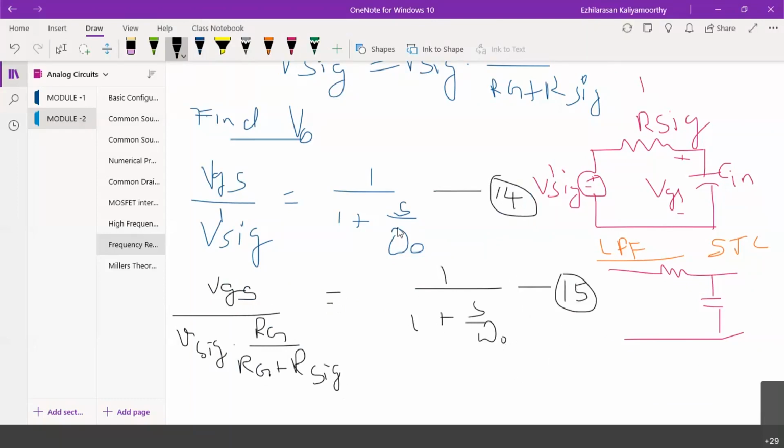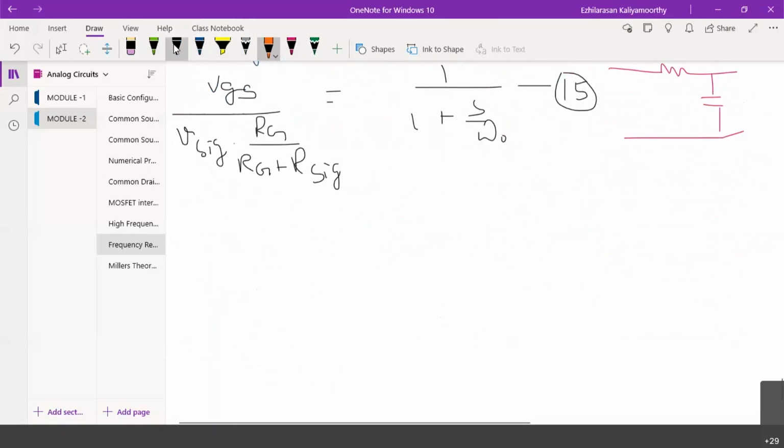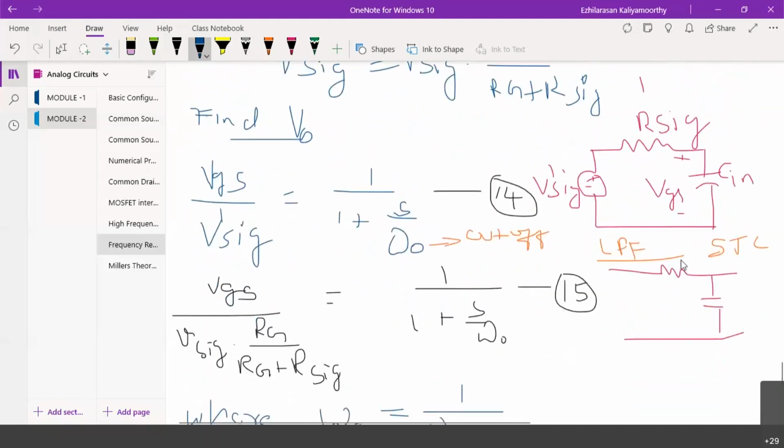Okay. So now what is omega naught? We need to say. Here this omega naught is the cutoff frequency, where omega naught is equal to 1 divided by R dash sig, because here in this RC network, this is your R signal and this will be your Cin.